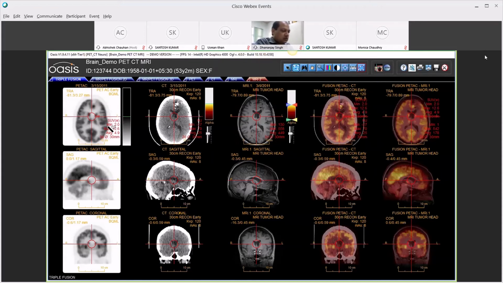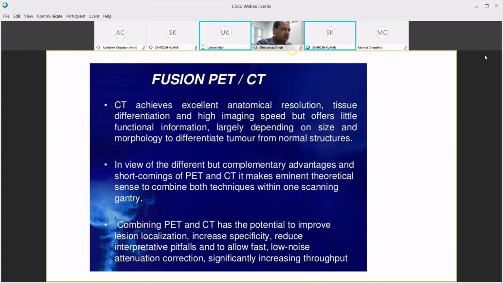I think it will take some time to see the screen. If you are audible, with the SPECT image of the knee, the fusion is required.